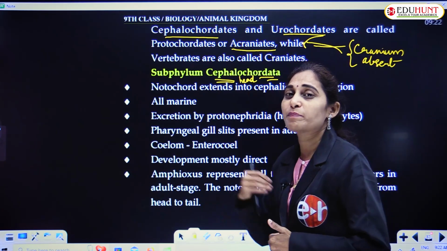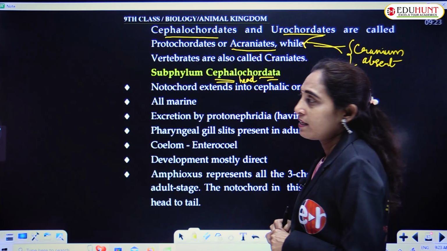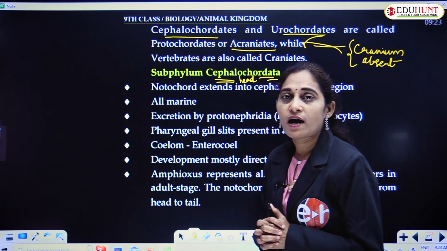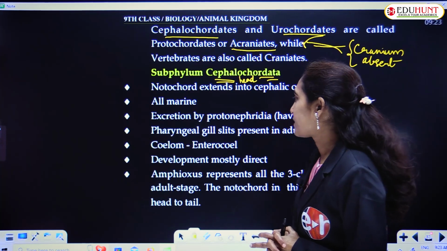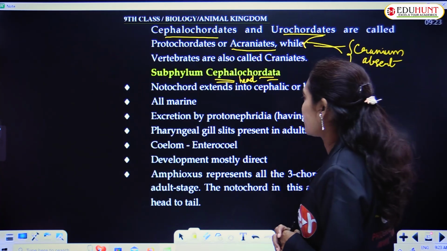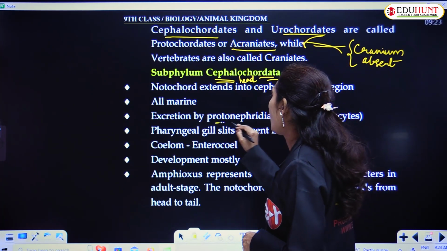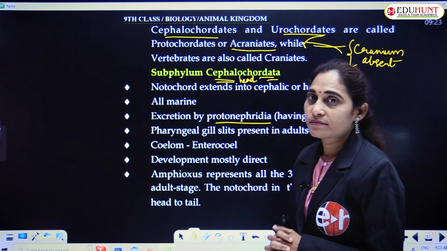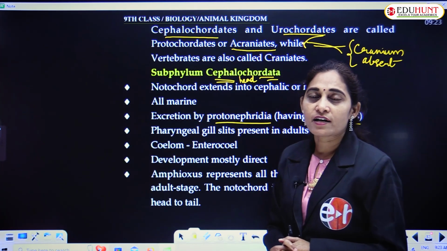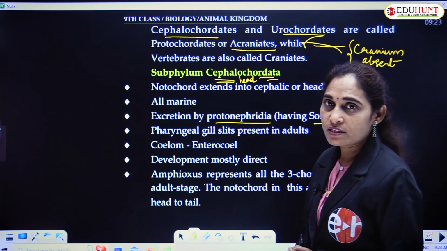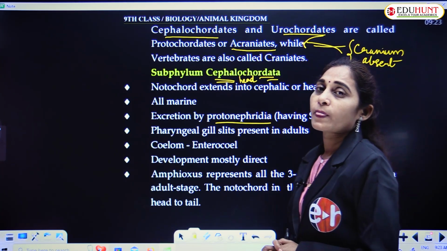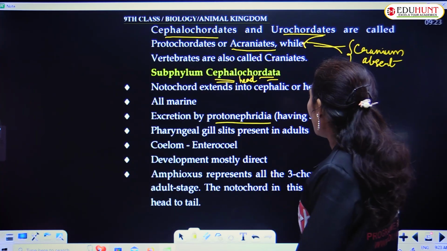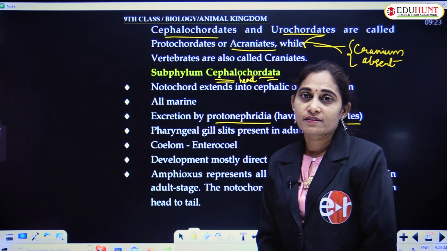It extends up to the head. That is why this subphylum is named like that. All the forms are marine, and they show excretion with the help of protonephridia. Protonephridia are the organs of excretion and they possess solenocytes.